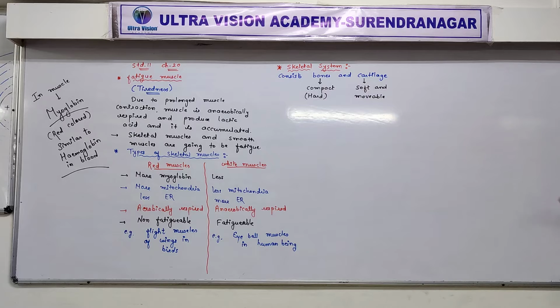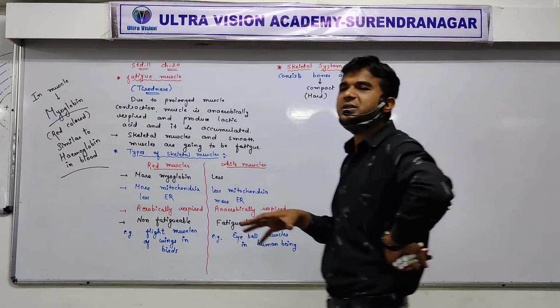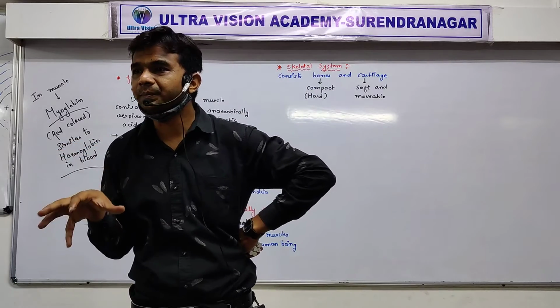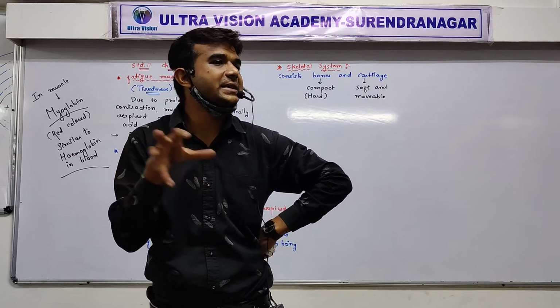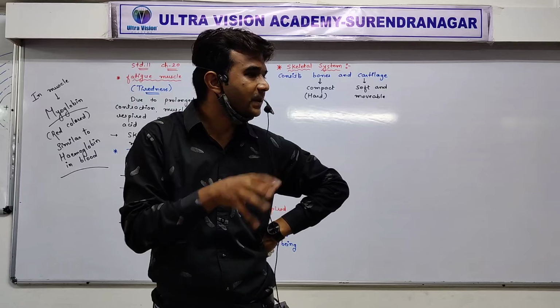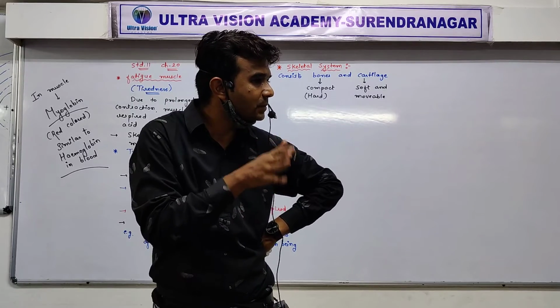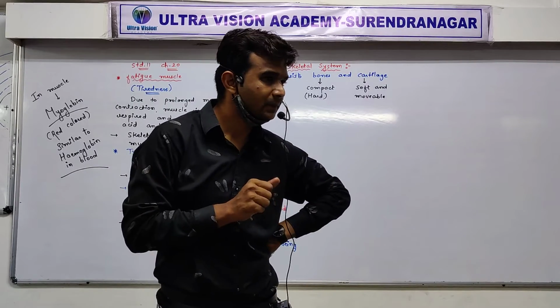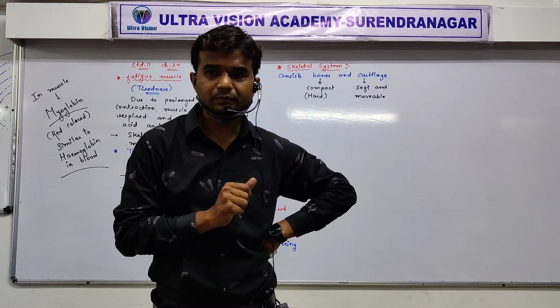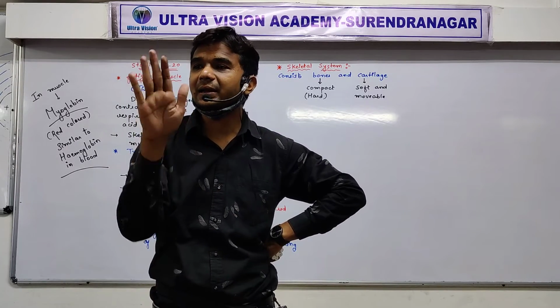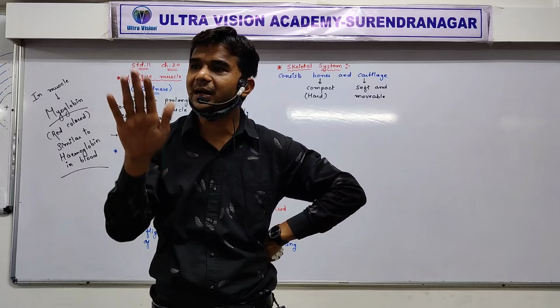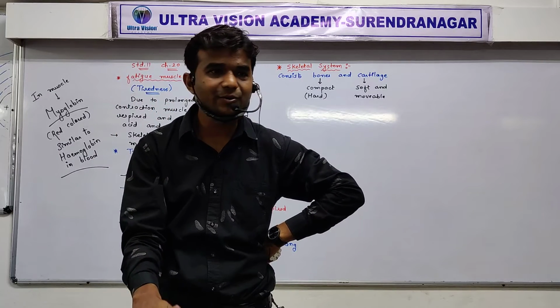So after birth, all the bones in our body are in the cartilaginous form. Gradually, as age goes on, the cartilaginous bone becomes compact, hard bone. But some are maintained in the cartilaginous form itself throughout life.